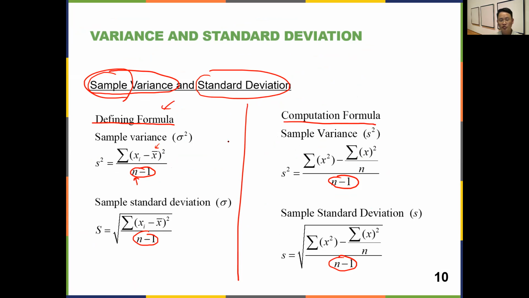I would rather you use the computation formula if you have to do this manually, because you don't have to figure out the mean first. You just put in the data. This one is the same deal: you square each data and add. This one, you add all the data, then square.